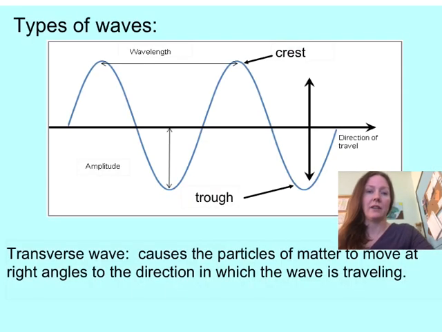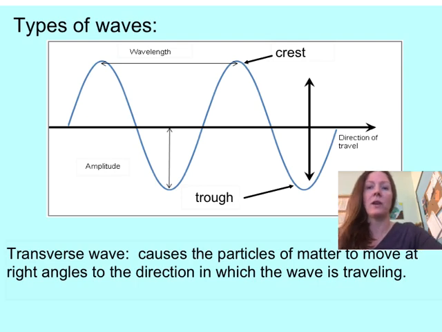So we're going to look at the two main forms of waves. So we're not looking at mechanical versus electromagnetic anymore. We're looking at the forms of waves and how they travel. So first one is a transverse wave, and this one is probably the most familiar in that it would look like a wave to you.